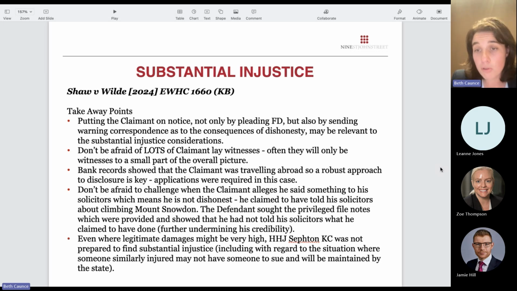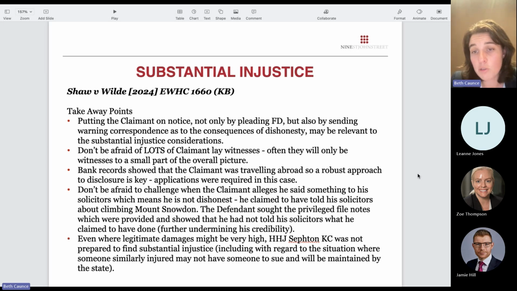And so a robust approach to disclosure is key, and in this case applications were required, so give some thought to whether they'll be useful in other cases. Don't be afraid to challenge if the claimant's alleging that he's said something to his solicitors, essentially in his defence, to say that he's not been dishonest.